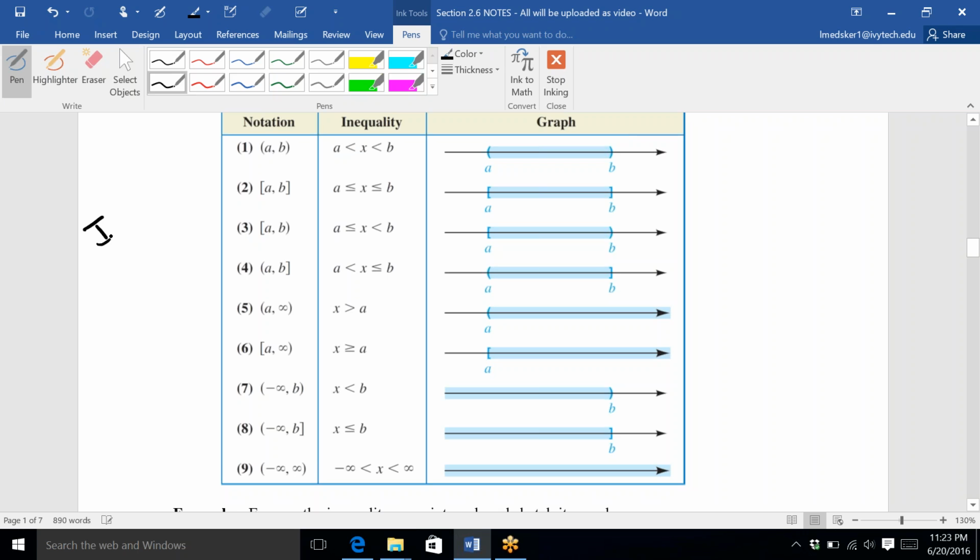Interval notation, by the way, is just a start, comma, and end, which means that your answer is all values between. So that's what we mean when we write interval notation. And on each side, you enclose it either in a parentheses or a bracket, depending on equal to or not equal to.